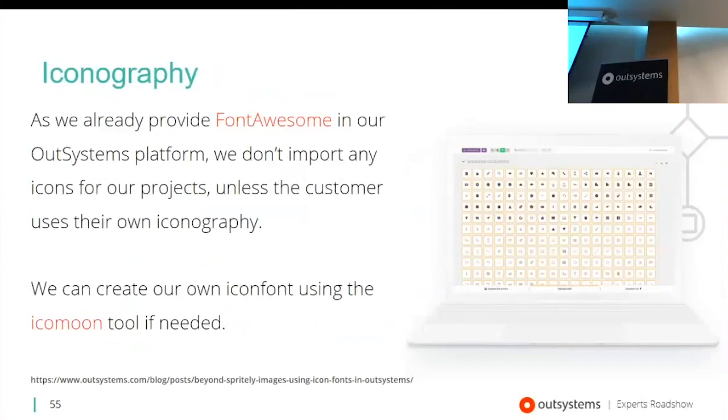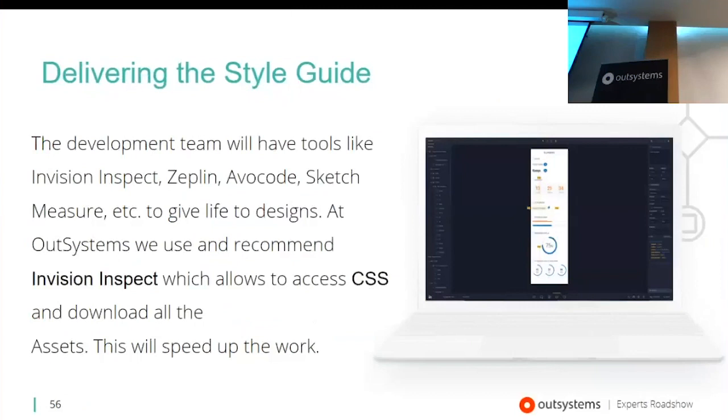We can also create our own font using another tool, but that's, I would say, a very infrequent part. Then our team uses another set of tools like InVision Inspect, Zeplin, Avocode. There are a lot of tools that they use to inspect the elements and customize the CSS and the assets.